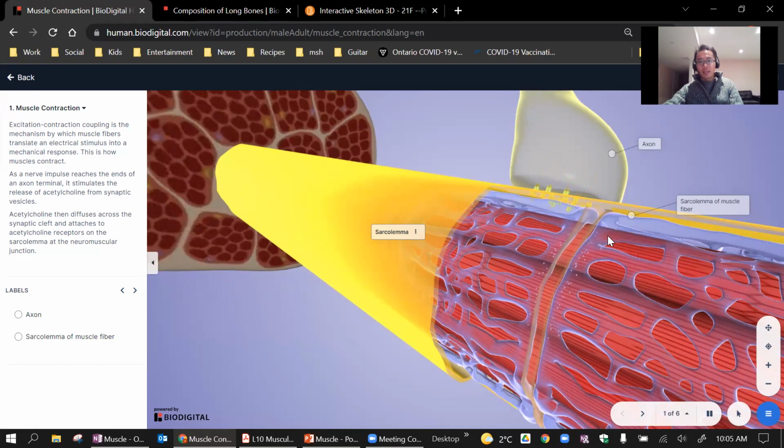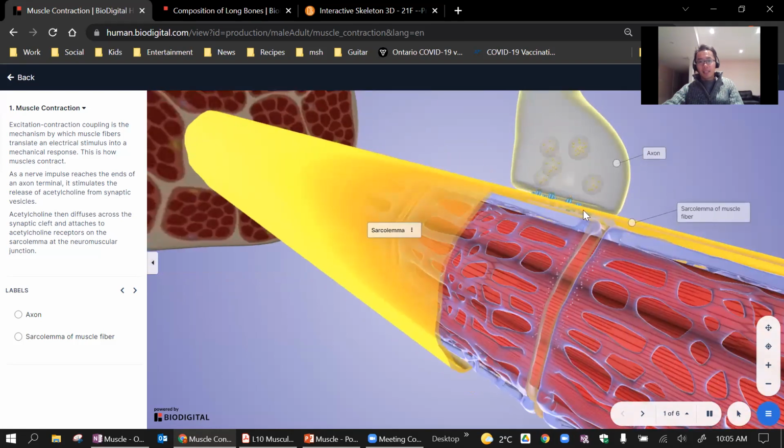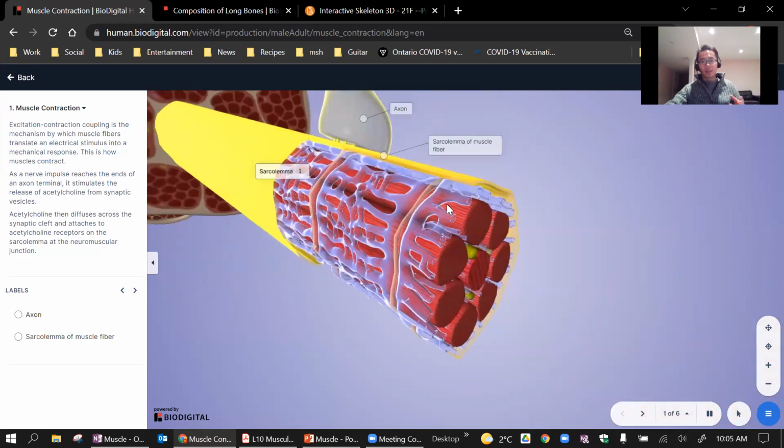I should mention that at the end of the sarcoplasmic reticulum, there are these tubes called the T tubes. I'll show you in the PowerPoint in a second. Basically, the T tubules help spread the action potential down the sarcoplasmic reticulum, and that will release the calcium. I'll tell you what the calcium does later on.